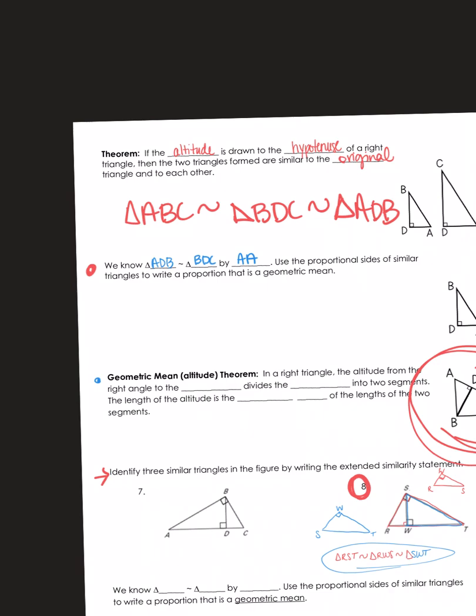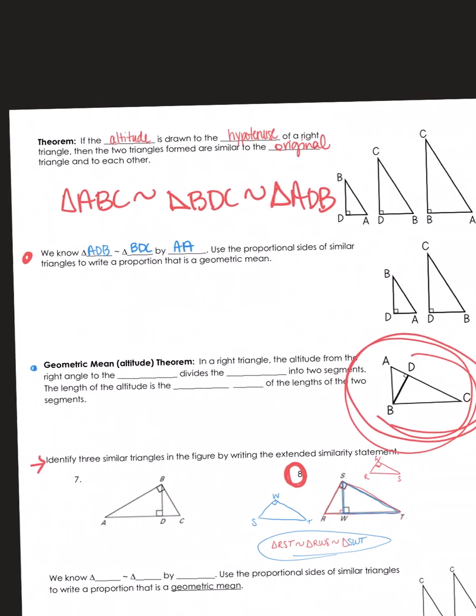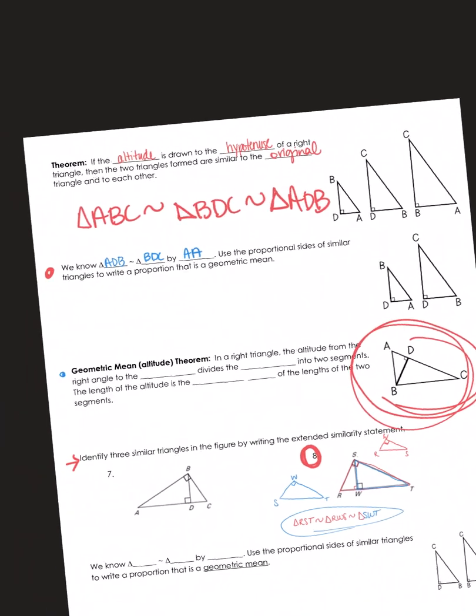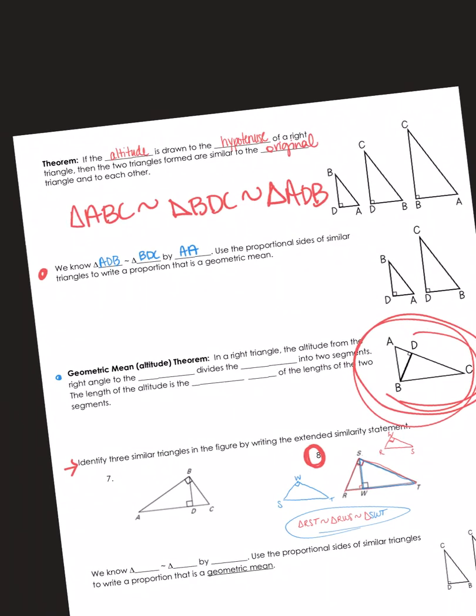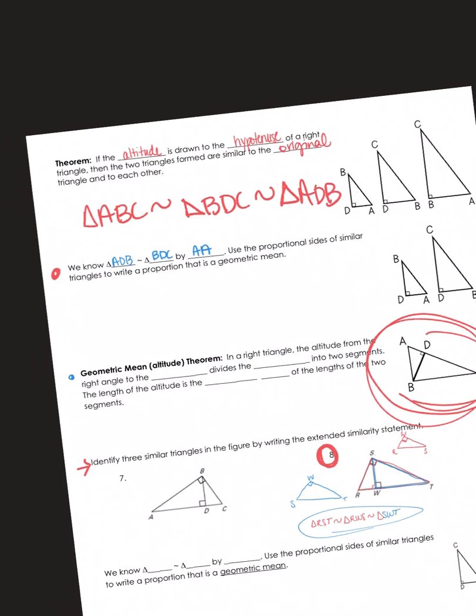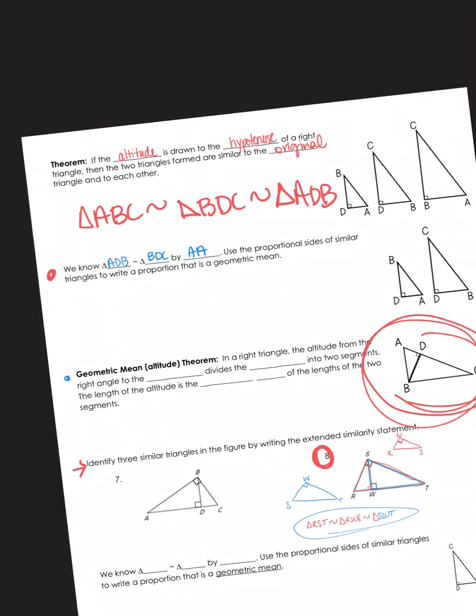It says use the proportional sides of similar triangles to write a proportion that is a geometric mean. So remember that if two triangles are similar, then their corresponding sides are proportional. This asks specifically for a proportion that is a geometric mean.